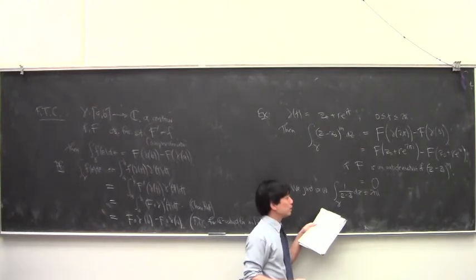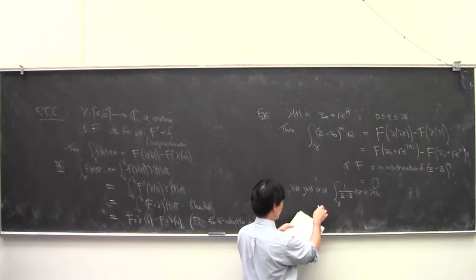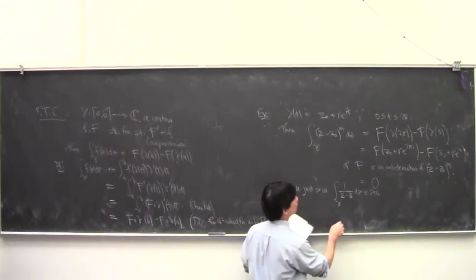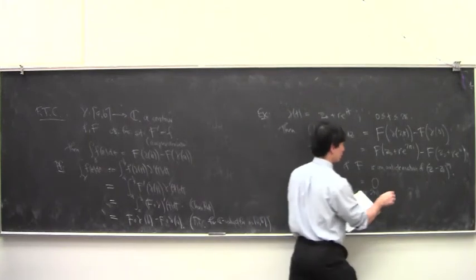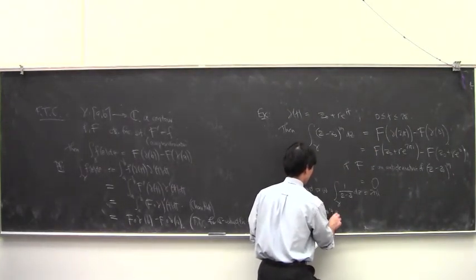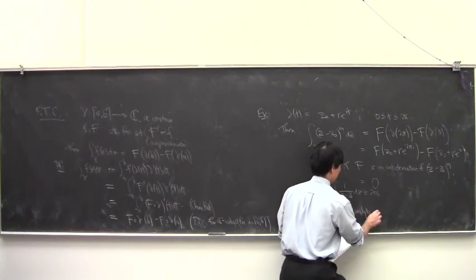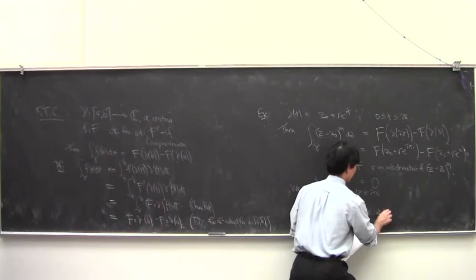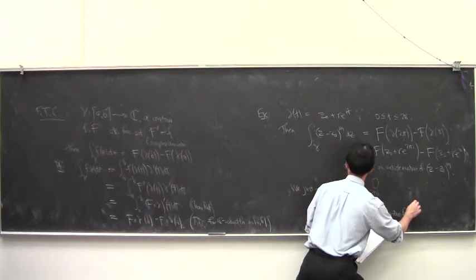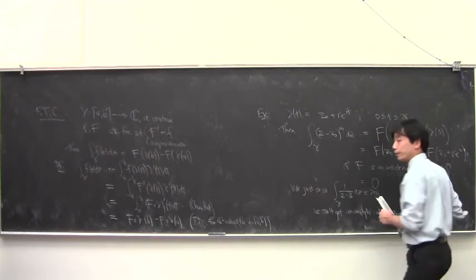So what that tells us is that we can't get an analytic antiderivative of this on the full loop.